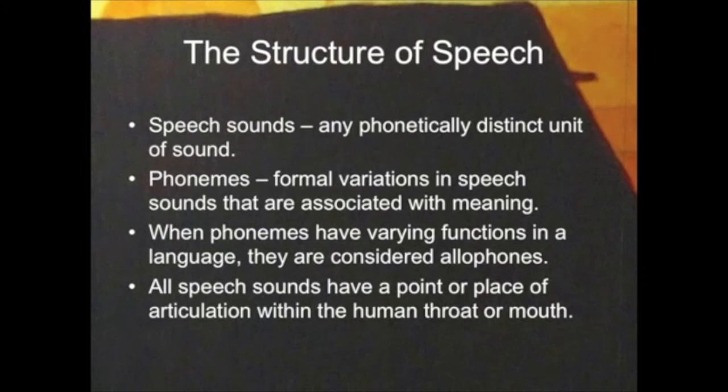Then finally, all speech sounds have a point or place of articulation within the human throat or mouth, and your author will provide you with a series of diagrams having to do with these points of articulation. I'll go over 3 out of 5 main groupings, and then I have in the final slide of this presentation a chart that will take you through the common speech sounds of American Standard English and the point or place where they're being articulated in the overall physiology of language.